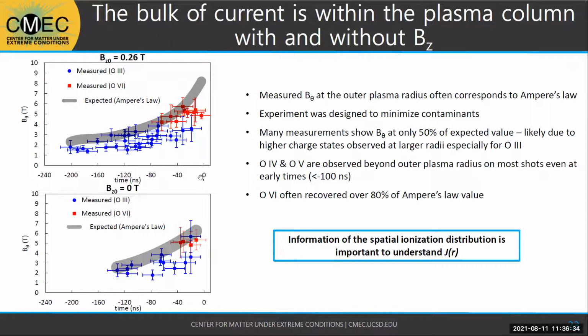But with oxygen 6, we often recovered over 80% of Ampere's law almost every time. So understanding your ionization distribution is a fairly good indicator of your current distribution as well.